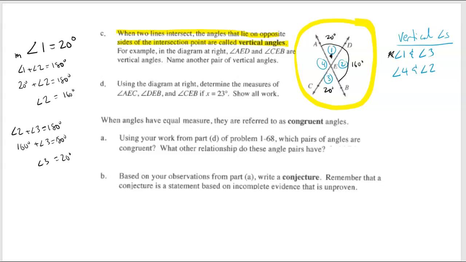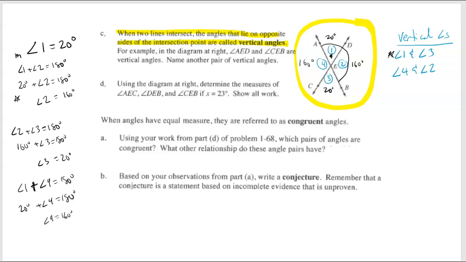All right, well, let's test out 1 and 4. So angle 1 plus angle 4 should also equal 180. I know angle 1 is 20 degrees, and I've already seen this problem right up here. So that means angle 4 is 160. So again, notice that 160 and 160, they're across from each other.